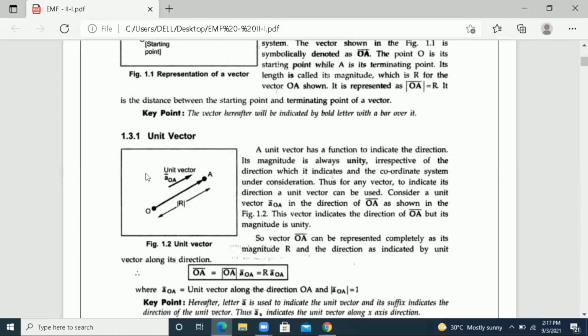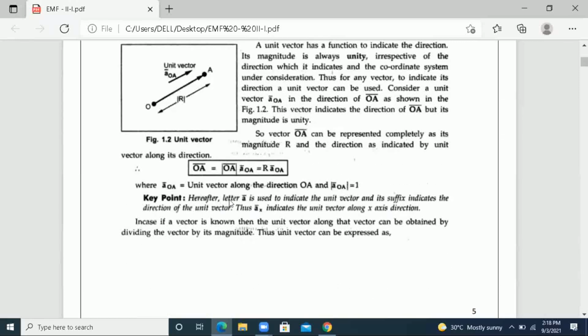In other words, four is 4 units of one. Vector OA is R units of OA. So vector OA is R times unit vector OA.